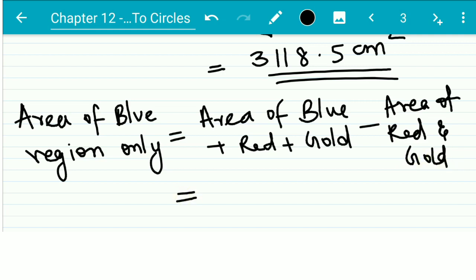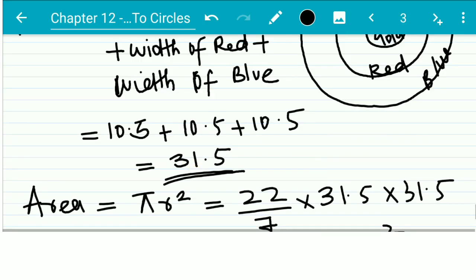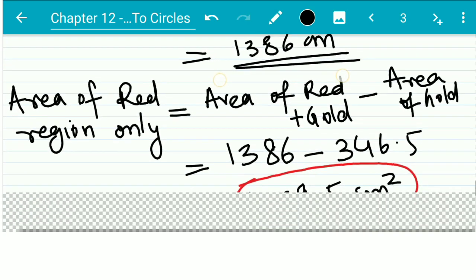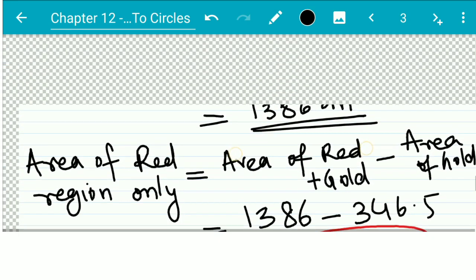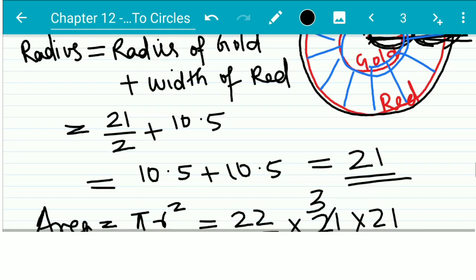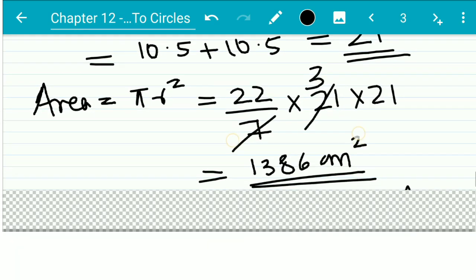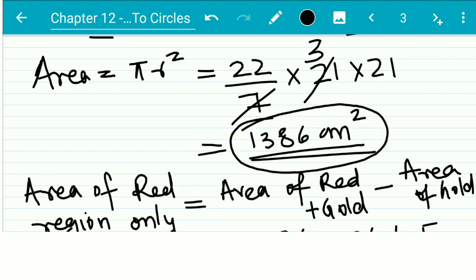See, what is the area of blue, red and gold? This one, 3118.5. So 3118.5 minus, what is the area of red including gold? Go back. See, this area is only red. We need area of red including gold. See the side heading. Area of red region including gold is 1386.